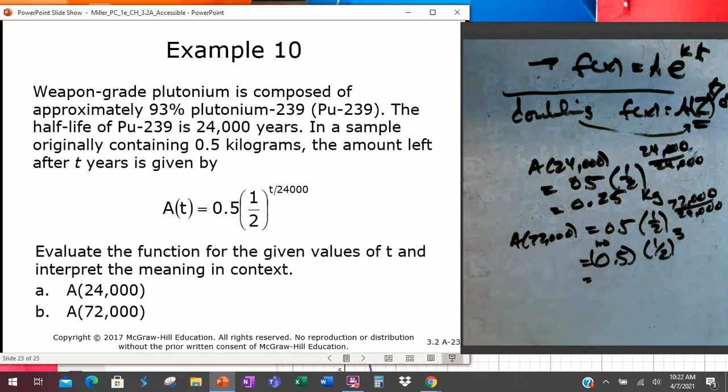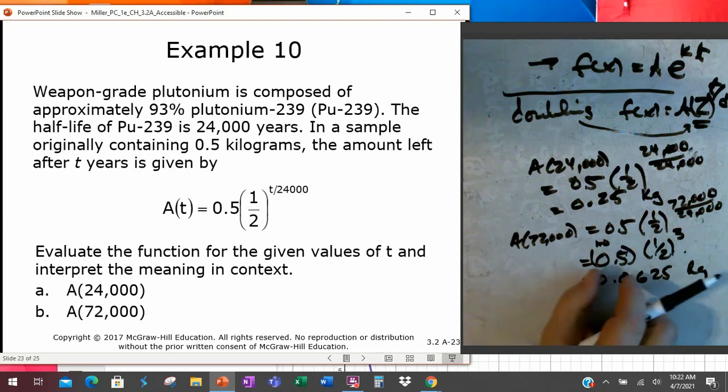So I would have 0.5 times 1/2 to the third, and this is 0.0625 kilograms. It's a half, another half, and then a third half. I've gone through 3 times where I've halved, halved, halved, and that's what I've got left.